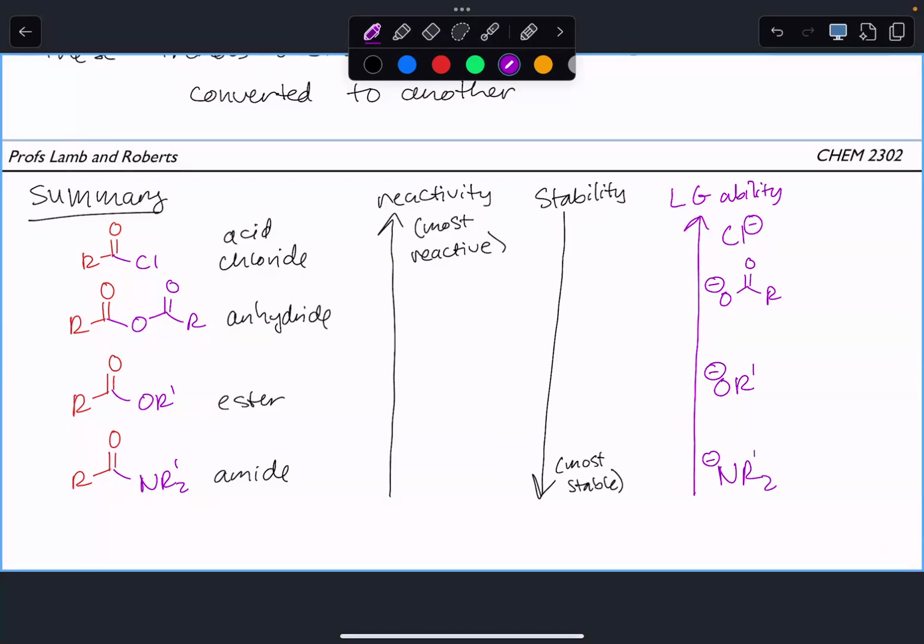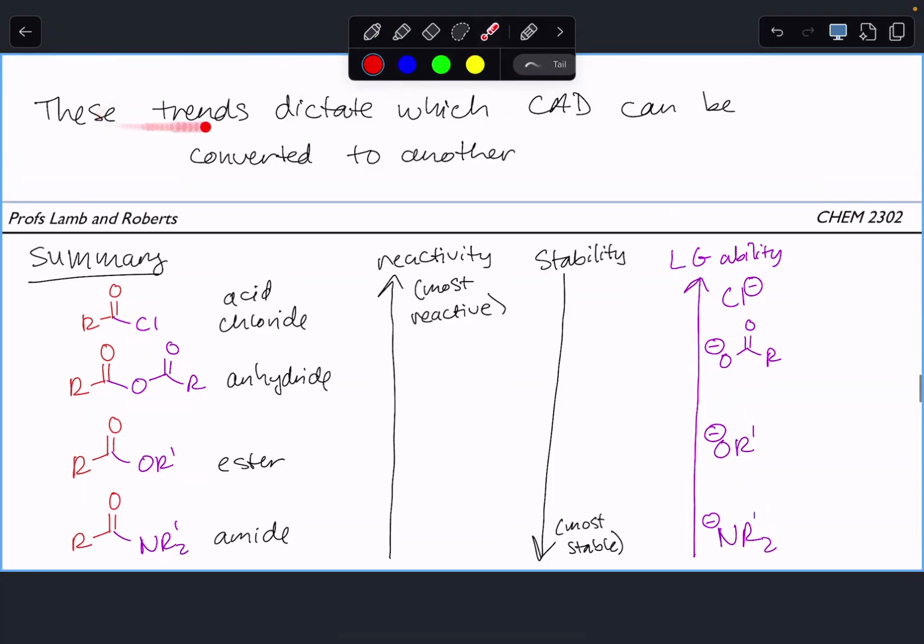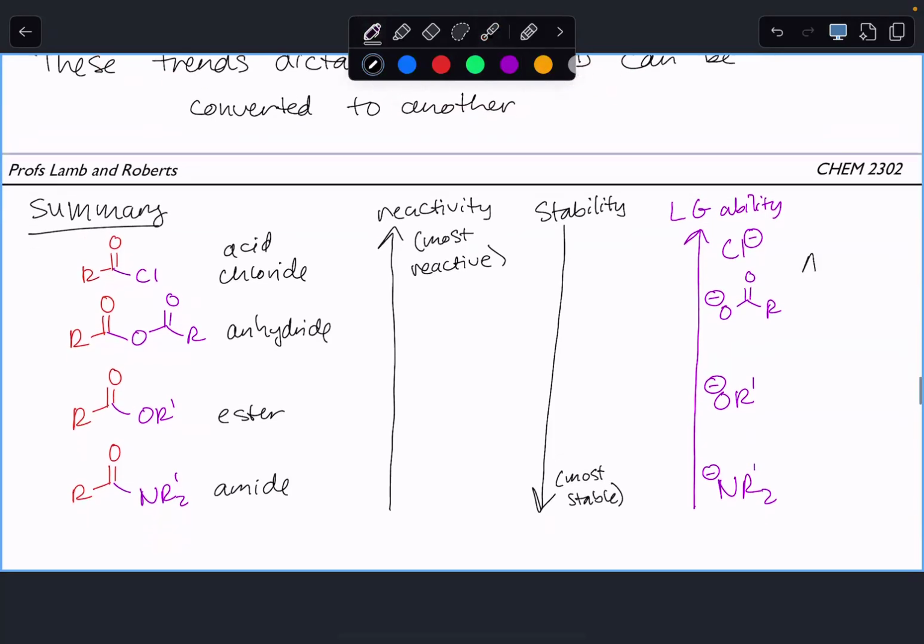So the better the leaving group, the more reactive it is, right? All of those things are related. Okay, so then what does this mean about which CAD can be converted into each other? So any CAD can be converted to another below it on this chart.